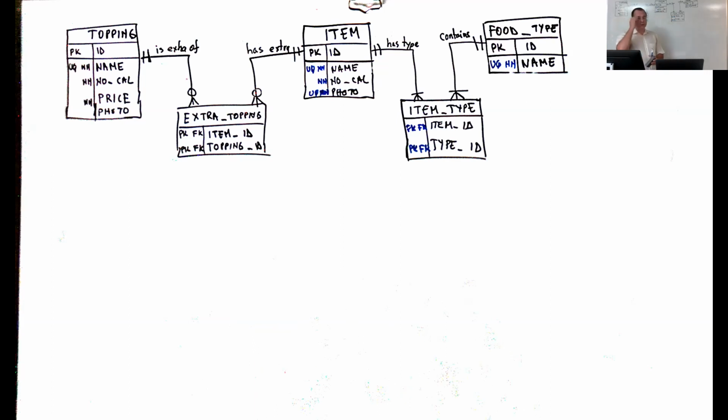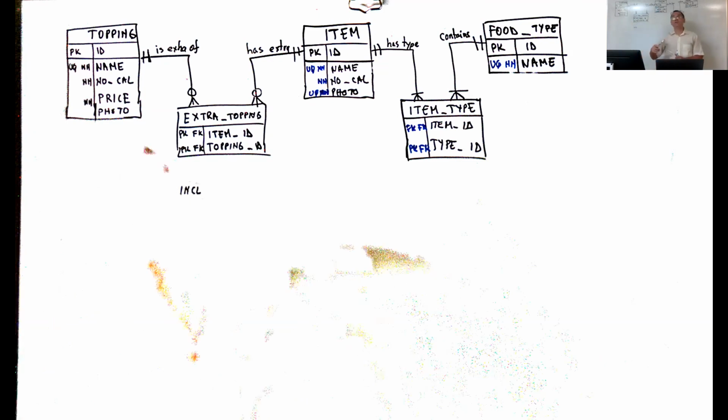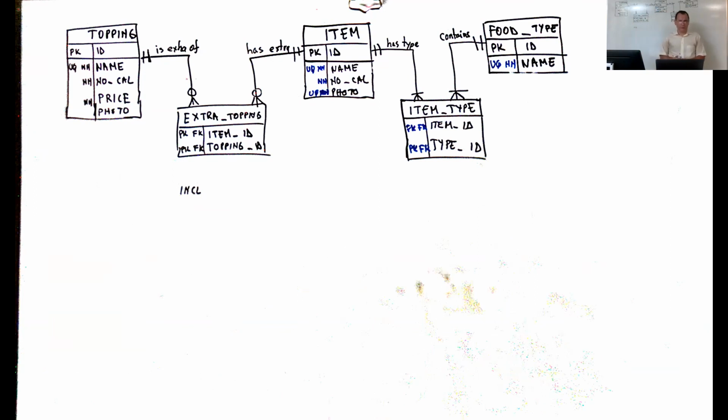Now, if we look at what is included, we may create a new entity here that will be included. Something that I forgot to discuss, and I said I will discuss when we do the diagram. The price is not always for a topping, but it depends on which item I add a topping to, the price will change. Which will not be a good idea for the restaurant, because it doesn't make sense to change the price based on the item.